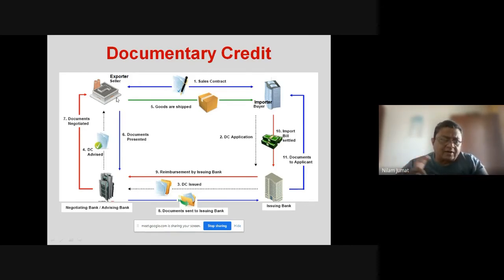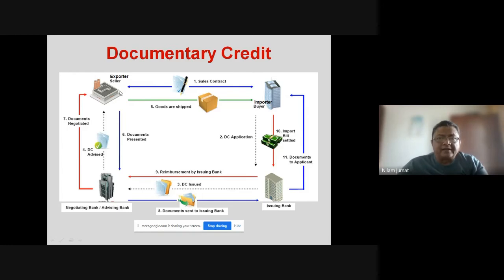So the main crux you understand is in a collection, whatever said and done, acceptance of the shipment by the importer is important if the exporter has to get the money. Whether DA, DP or DFLI, no point. If the importer does not accept the goods, then the exporter can lose the money, right? But under LC, whether the importer has the money, whether the importer wants to take the goods, if he rejects the shipment, it is immaterial, right?